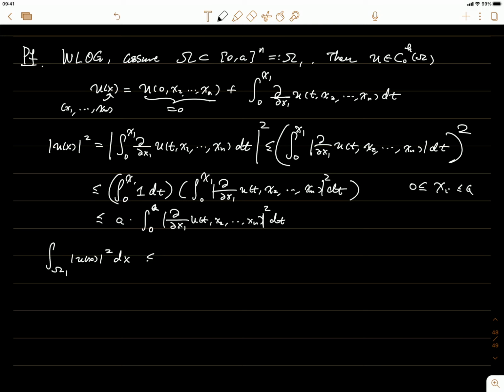And then I know this is less than or equal to, then remember that this a, I will take the integral. This integral over omega 1 is actually, I can repeat what I have on the right hand side. ut x2 xn here.